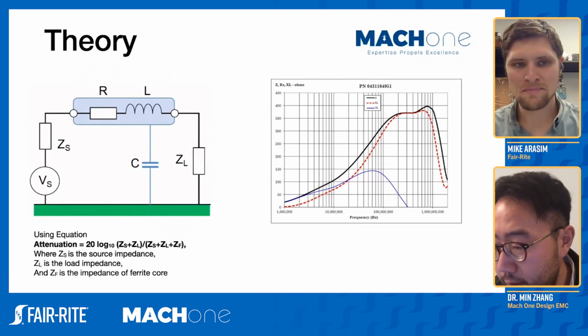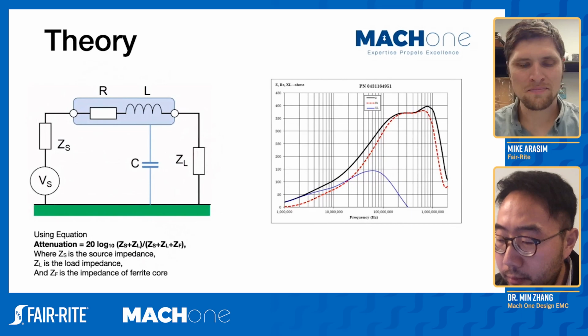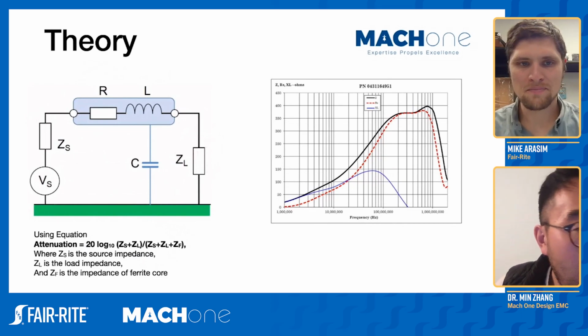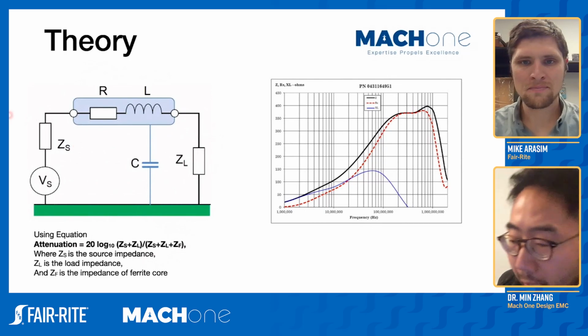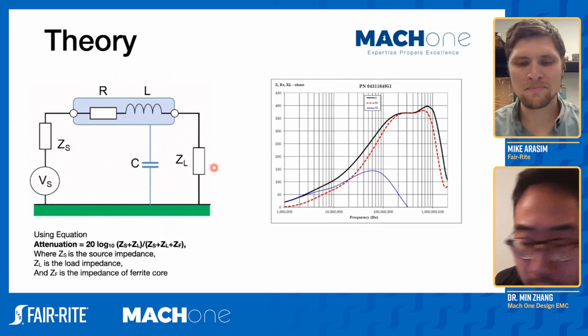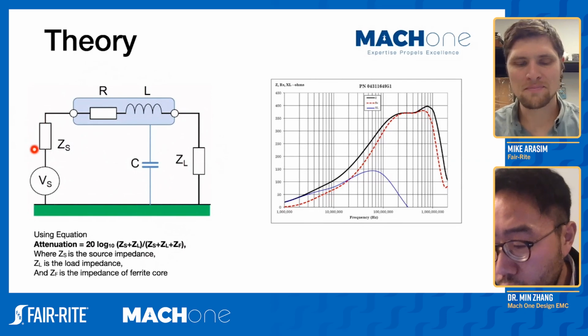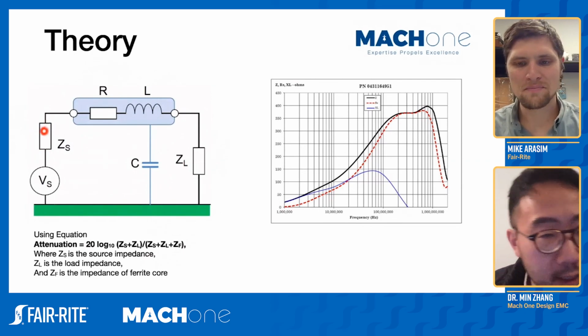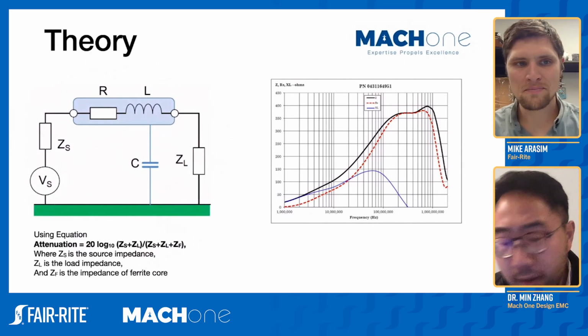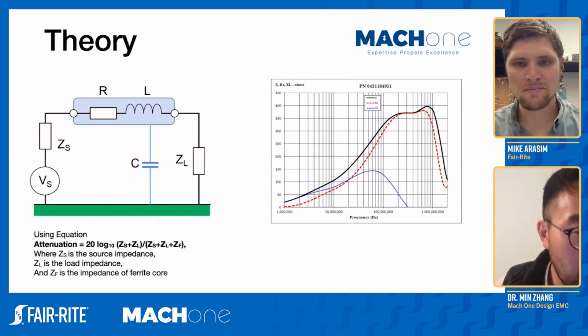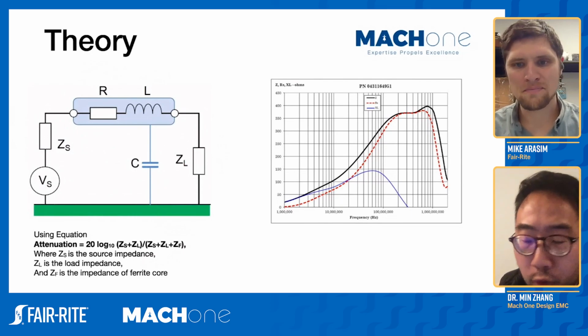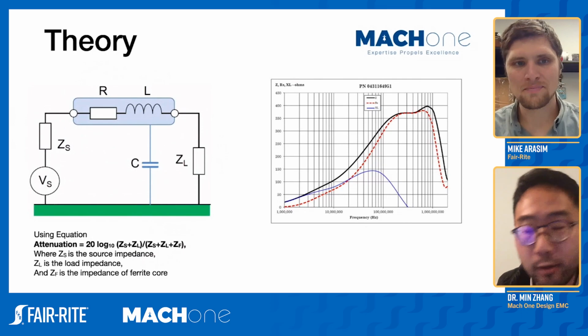Now, the most challenging thing is that often in real life we have no idea what the source impedance and the load impedance are. And these, although drawn as resistive parts, in reality also change because there will be inductive or capacitive components associated with the source and load.